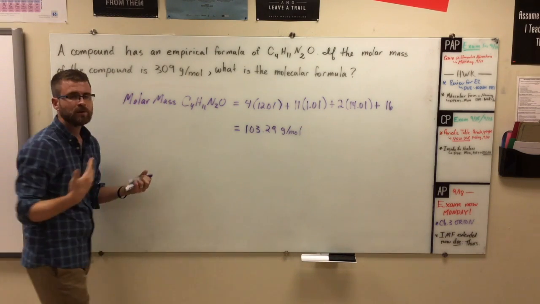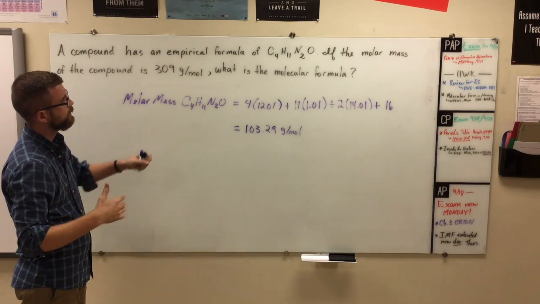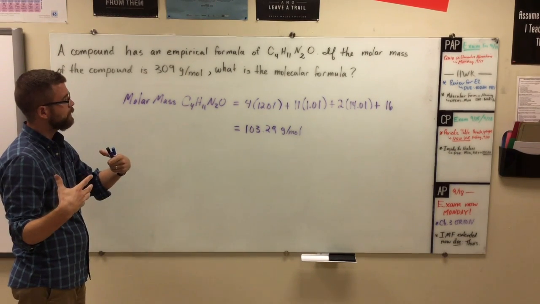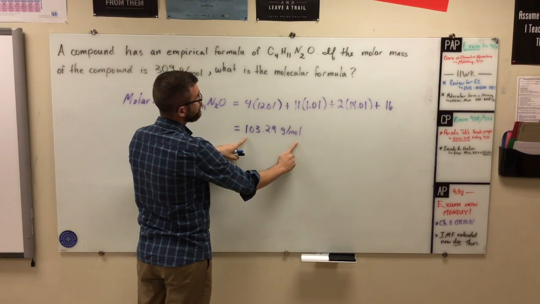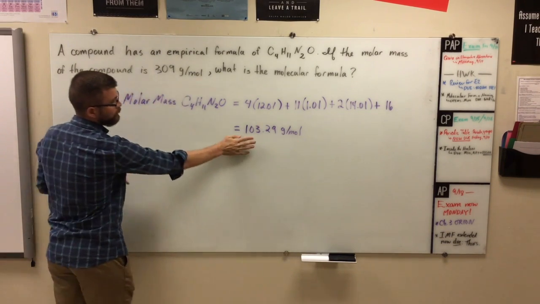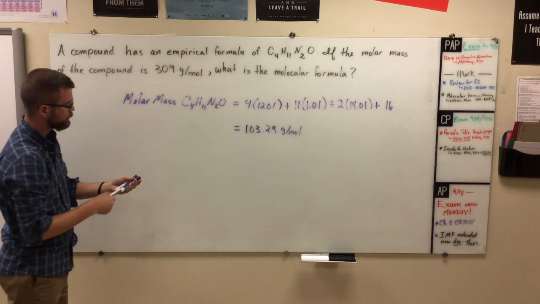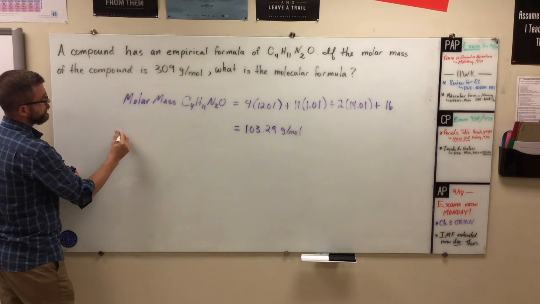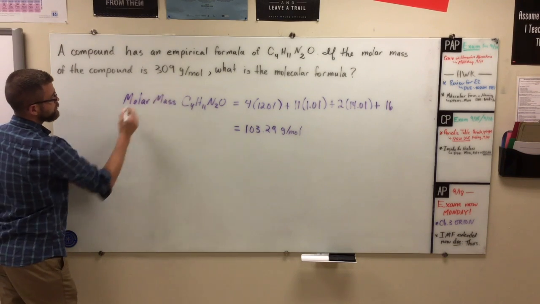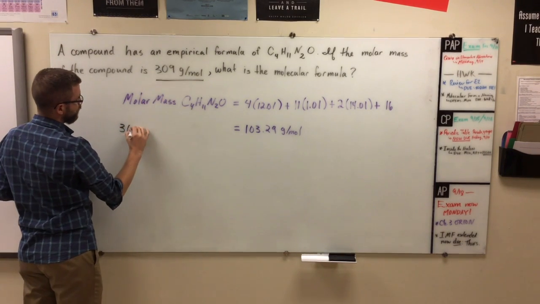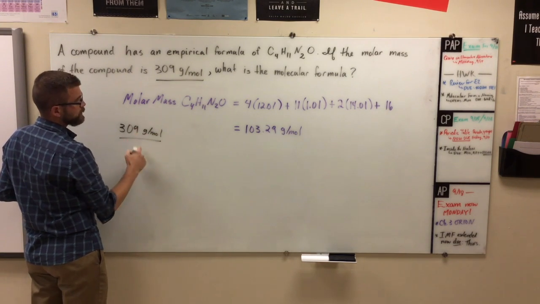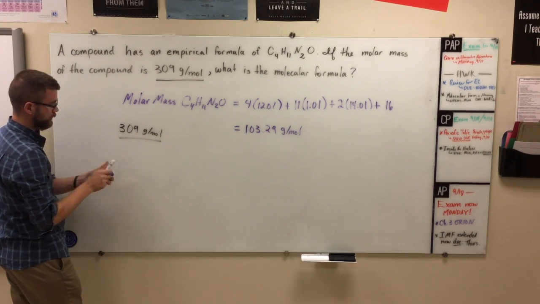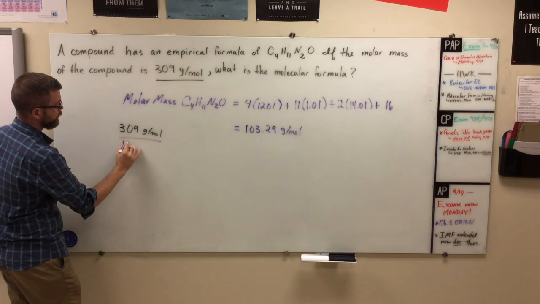The only catch to this is for you to recognize that a molecular formula is simply going to be some whole number ratio of this guy to this guy. So to figure out what that ratio is, I take this 309 grams per mole and divide it by the molar mass of our empirical formula.